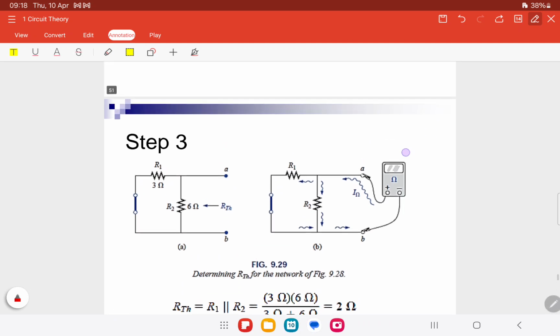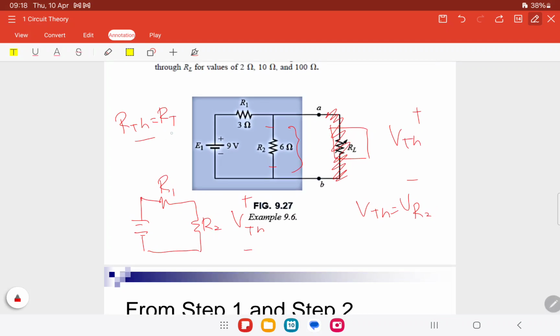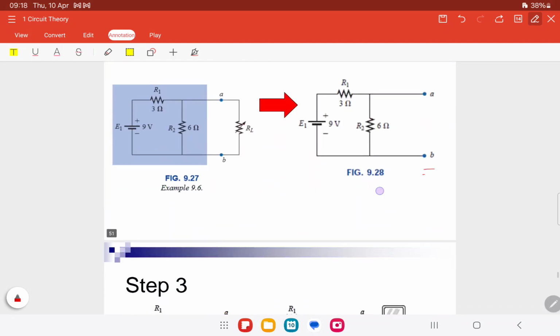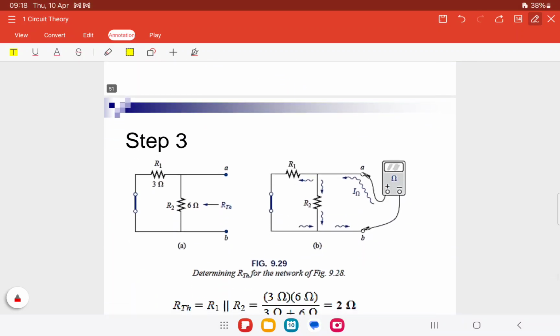Oh sorry, dia bukan RTH equals to R total. Tetapi the step number 3 kita kena tengok, since we have the current source, voltage source. Since we have the voltage source, so the voltage source will be short.